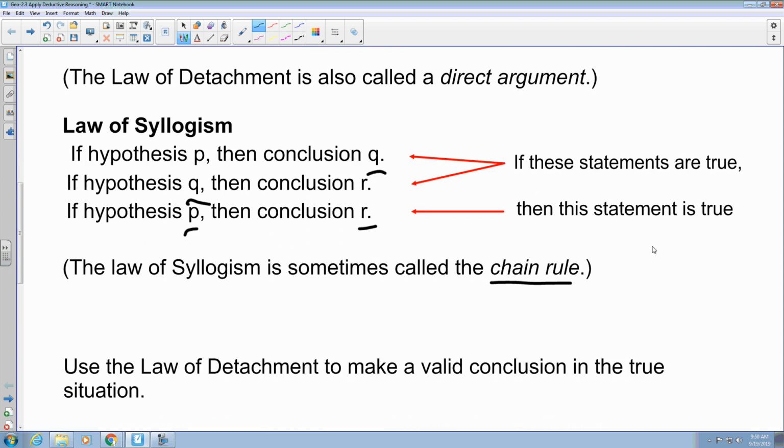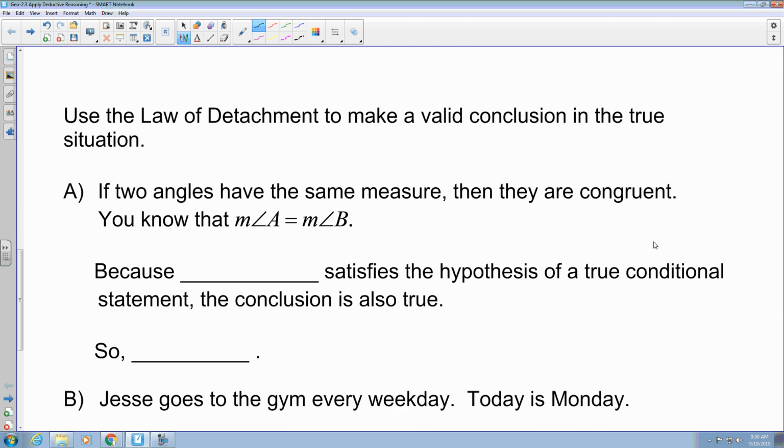We'll look at both the law of detachment and the law of syllogism to create our logical arguments. First, use the law of detachment to make a valid conclusion in the true situation. If two angles have the same measure, then they are congruent.